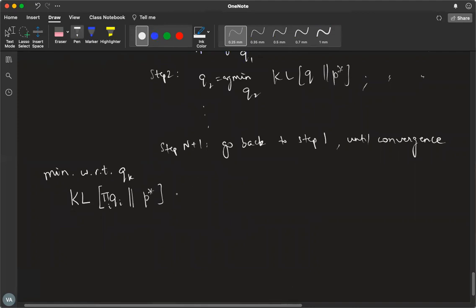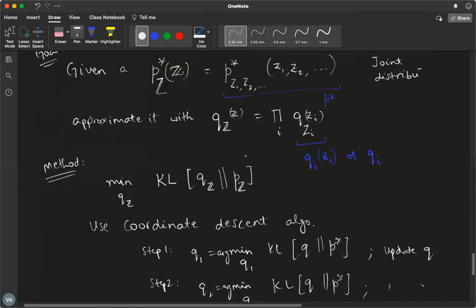So let's expand this. What exactly is this? The formula of KL divergence is an integration, because these are continuous variables. Assume my z is a continuous random variable. Of course, in the Ising model, it's a discrete random variable, but in general it is a continuous random variable, for example in the case of the Gaussian distribution.